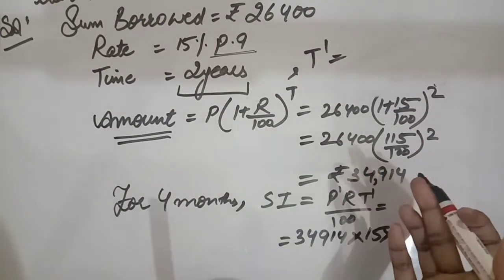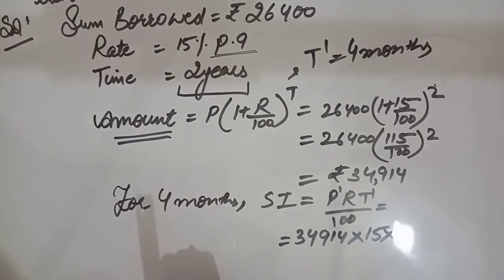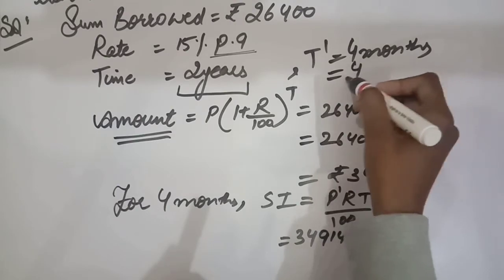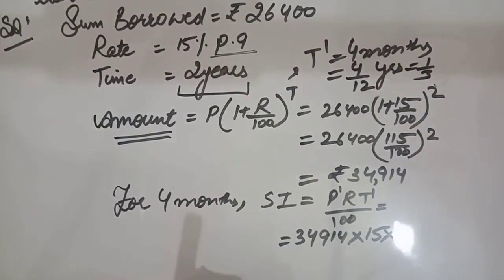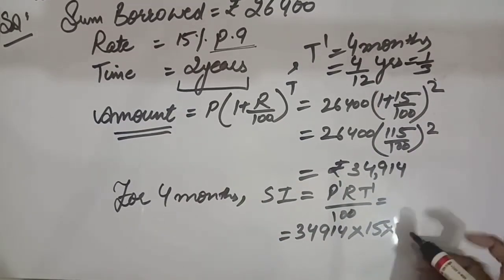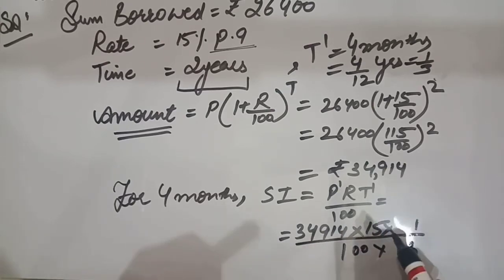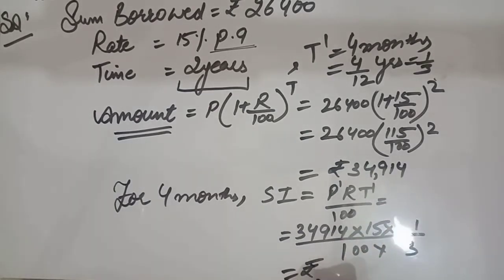Here, the time which is left is 4 months. Right? We will change these months into years. It will have 4 by 12 years, that will be equal to 1 by 3. The time period here will be 1 upon 3. Right? So this will be equal to rupees 1,745.70.